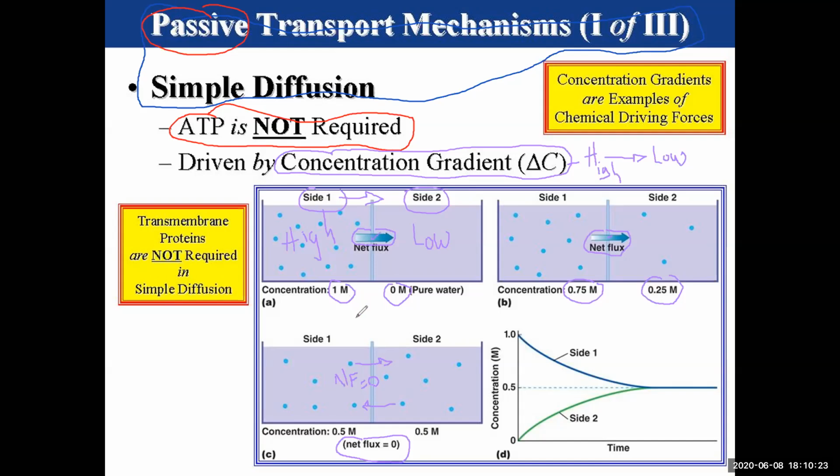So the concentration gradient will dictate the net flux. The stronger the gradient, the stronger the flux. The smaller the gradient, the smaller the flux. And ultimately at equilibrium, when there's no more gradient, the flux equals 0. And that's the concept of simple diffusion.